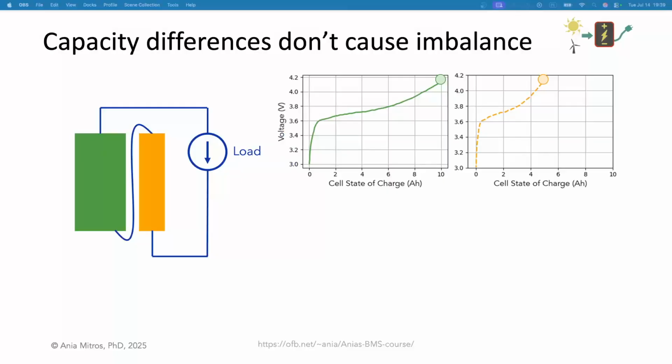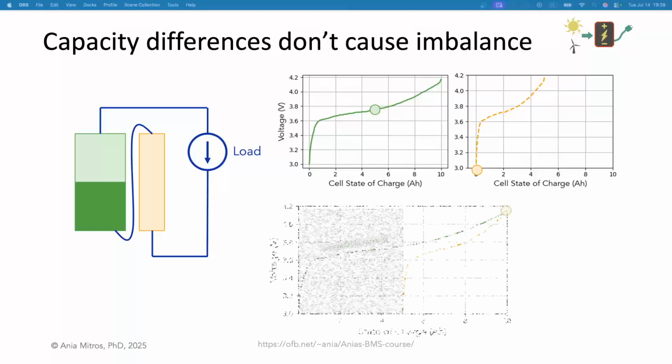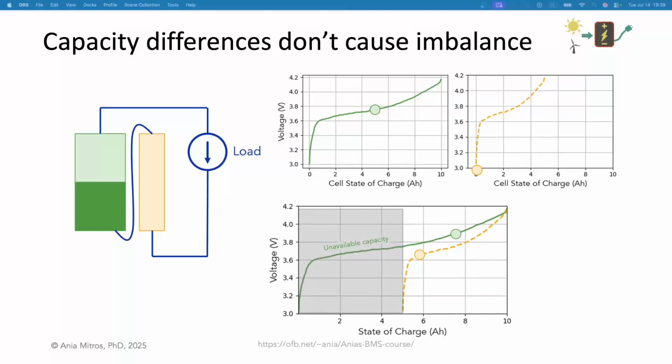Let's show this on a voltage versus state of charge plot. Discharge the battery pack. When the yellow cell reaches empty, we must stop discharge. The green cell is still half full. The voltages of the two cells are quite different. Consider what this looks like with both curves on the same plot. In essence, the lower half of the green cell's capacity is unavailable.